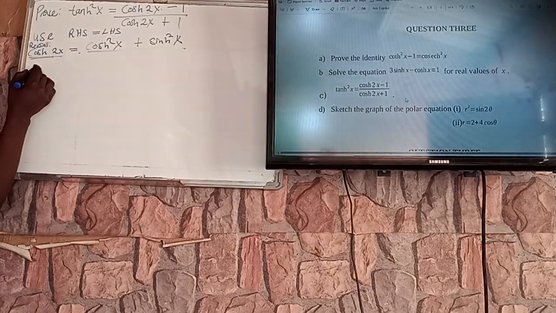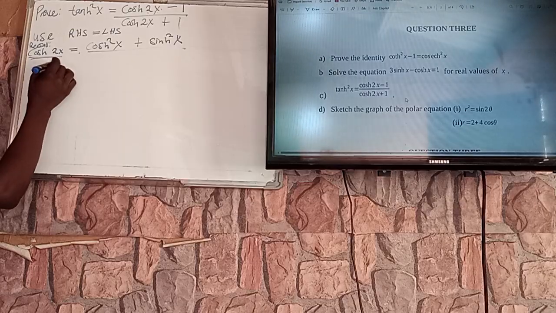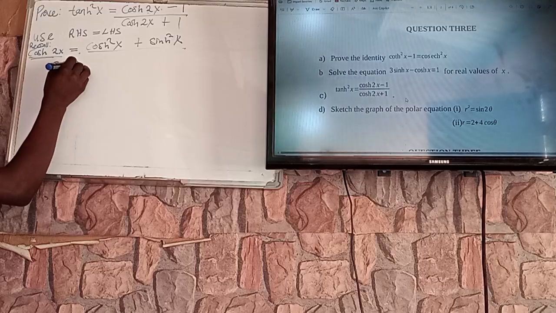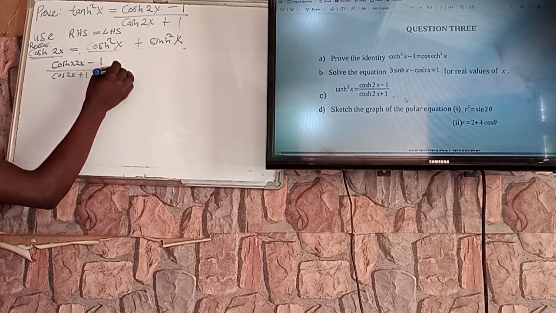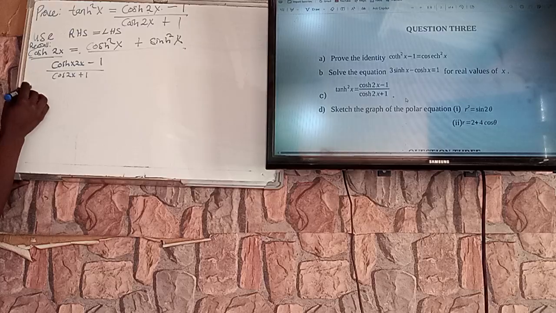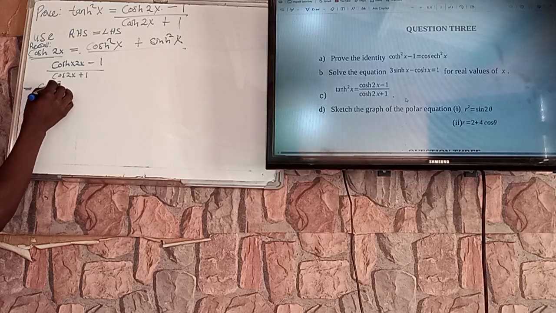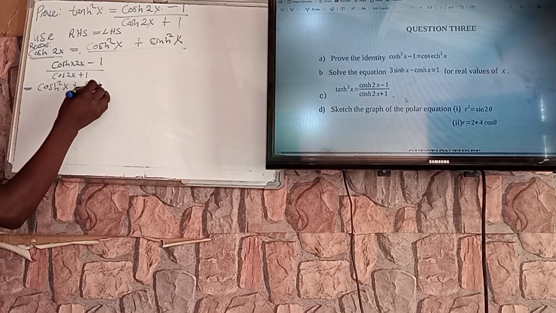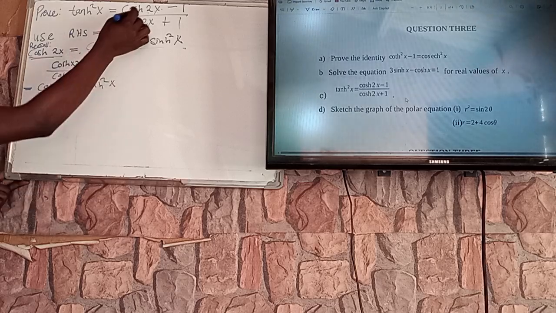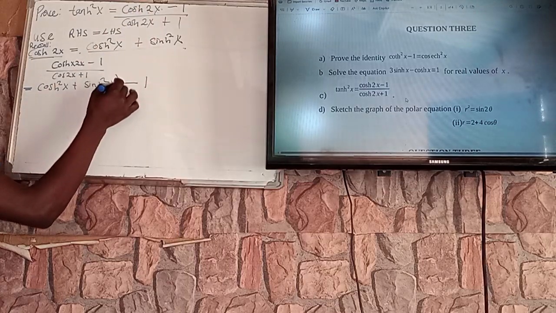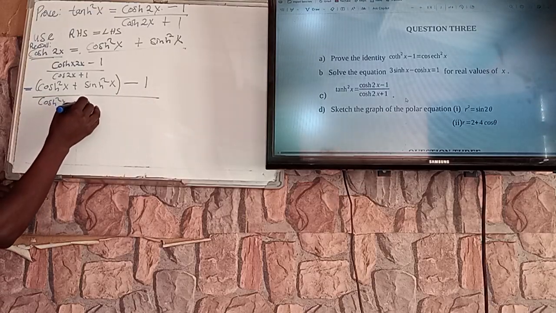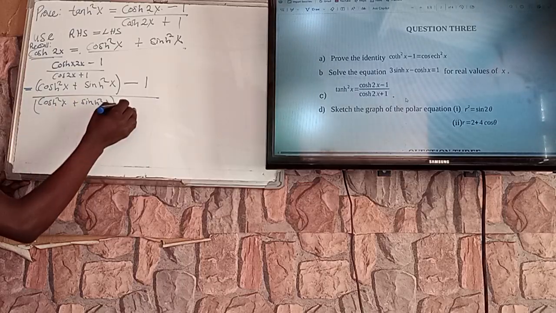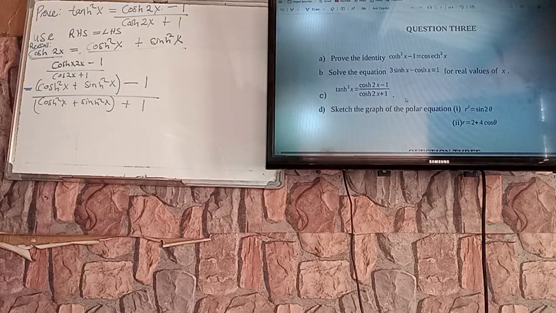So cosh 2x minus 1 over cosh 2x plus 1 will now be written as cosh squared x plus sinh squared x, with the minus 1 here, and in the denominator again cosh squared x plus sinh squared x, and we have a plus 1.